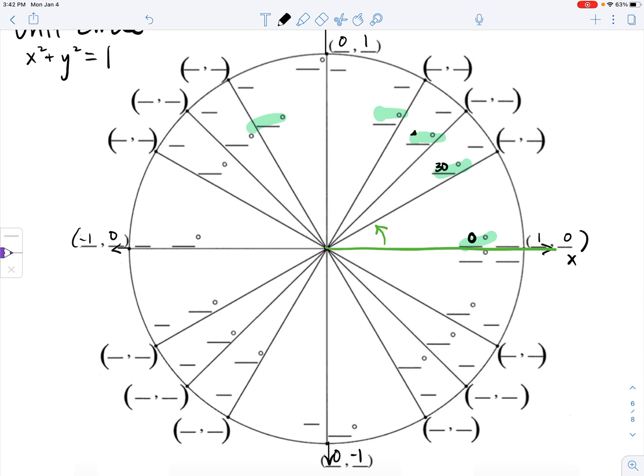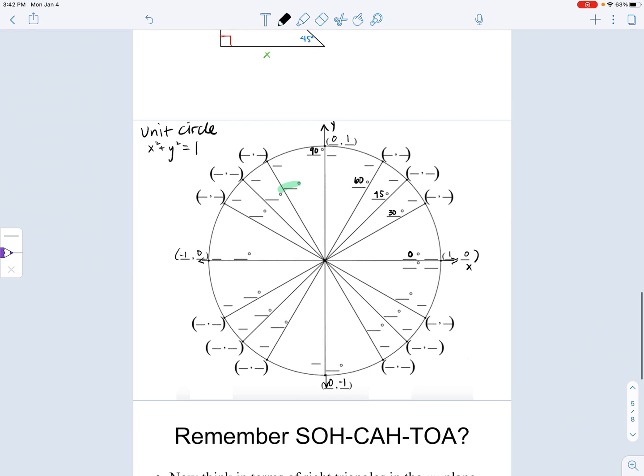And then in quadrant 1, that would be 30 degrees, 45 degrees, 60 degrees, and 90 degrees. And we're going to focus just on quadrant 1 to help us with filling in the entire unit circle. So I'm going to label the quadrants just as a reminder.